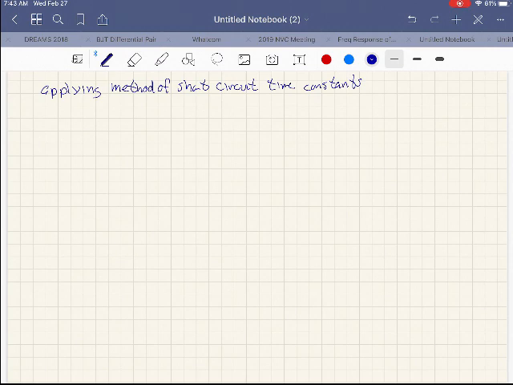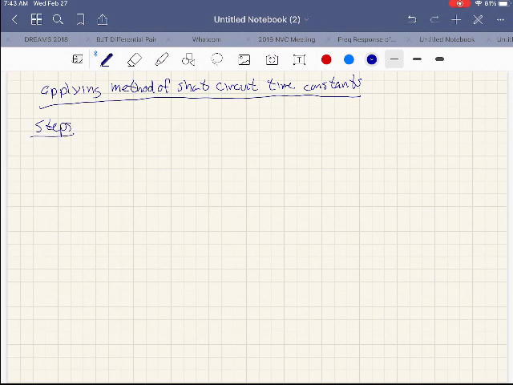And for this reason, designers will sometimes estimate the low frequency cutoff without the need to determine the exact pole frequencies, what we just went through in the earlier lecture before this. So it's a short circuit method, and it's a little bit of a shortcut, I guess. So let's look at the steps.